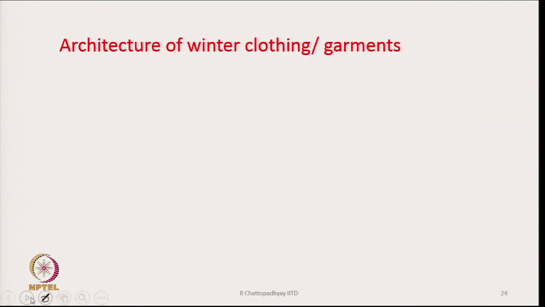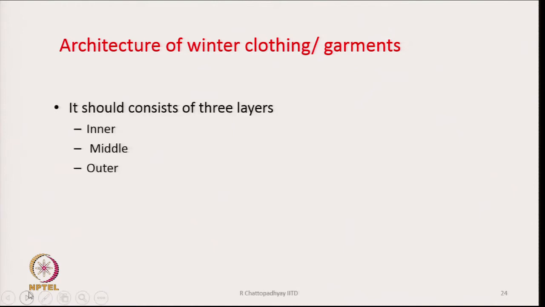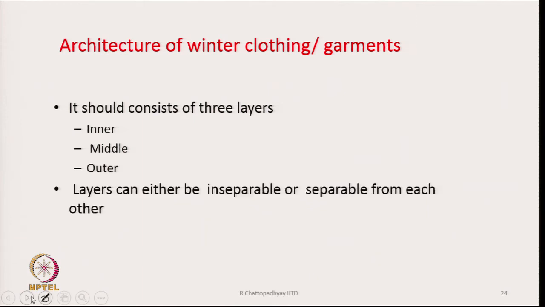Architecture of winter clothing garments, if we now discuss, that is the design architecture. In general, it should consist of 3 layers: inner, middle and outer. Layers can either be inseparable or separable from each other.